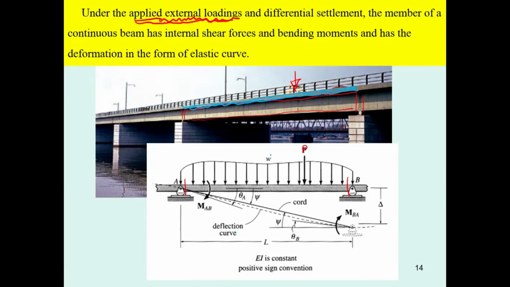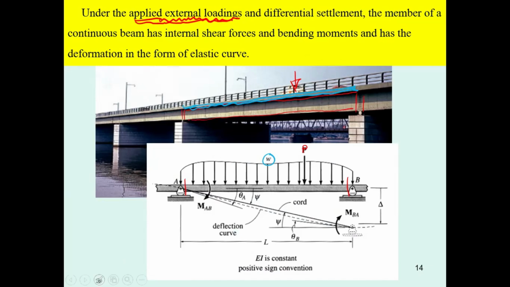That's going to be W. We call them external loading. Most of the time we won't have external moment. It's going to be a point load, or a distributed load.